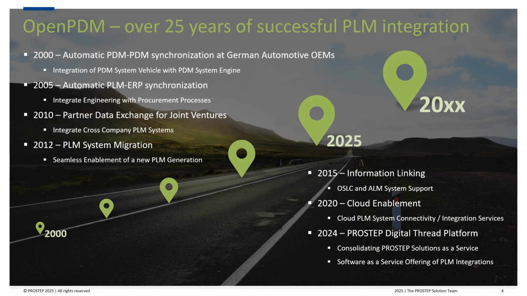In 2010, we added the idea of partner data exchange with joint ventures, so integrating over corporate borders and providing filtering and processes that support synchronization like that. In 2012, we added system migration, and this includes new APIs for bulk load and processes that support that.